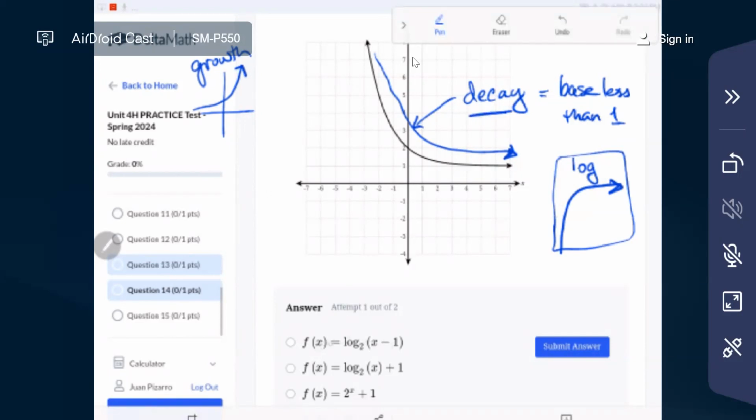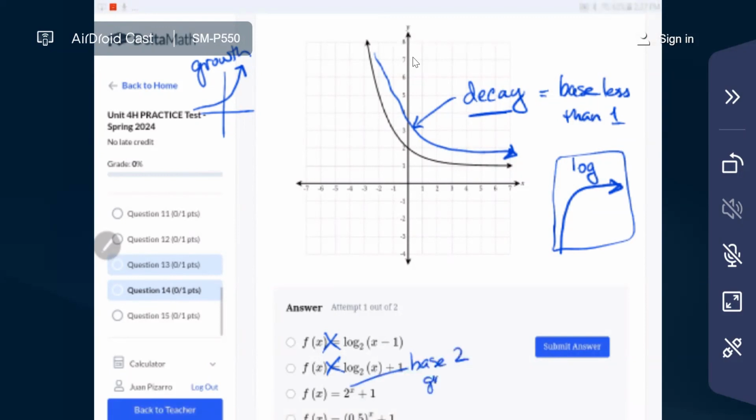Here, these first two are for logs, so we definitely know those aren't right. The next one, the base is 2, and that is greater than 1. We just observed up here that this was decay, which means the base has to be less than 1.